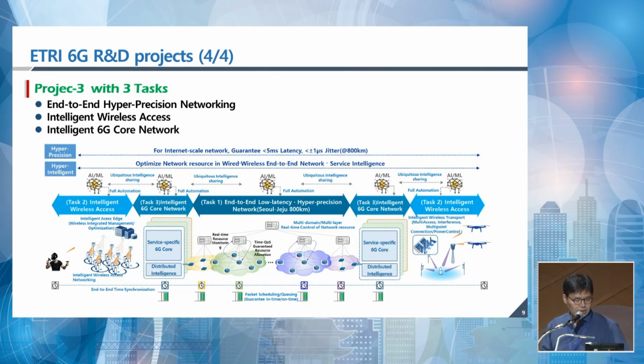In terms of hyper intelligence, we'd like to optimize network resources in the wired and wireless end-to-end network. In more detail, task 2 and task 3 cover the right and left ends, and at the center, task 1 covers the wired area. And in terms of core technology, task 3 addresses the intelligent core, 6G core network research.